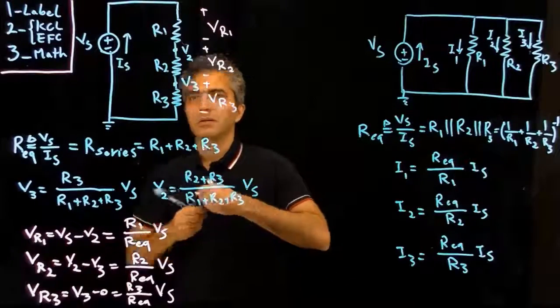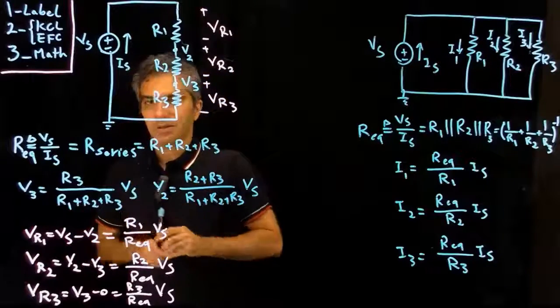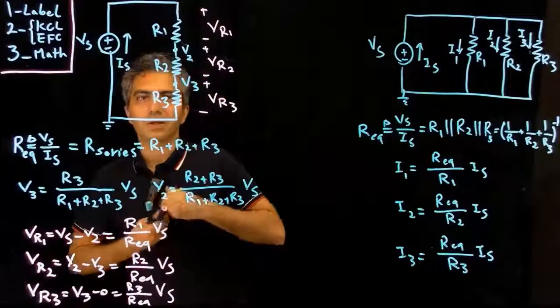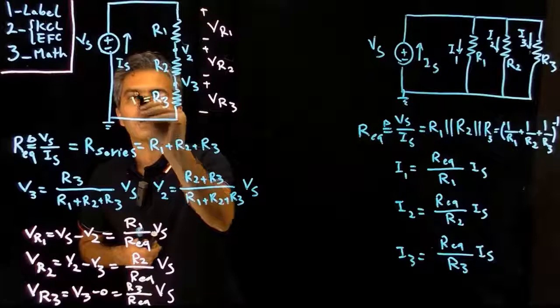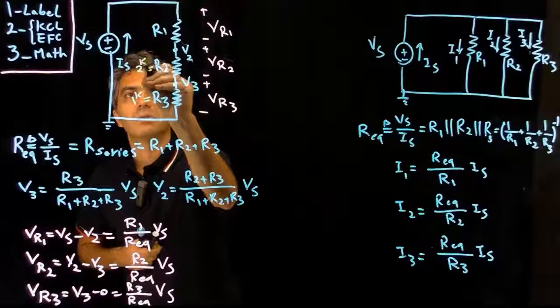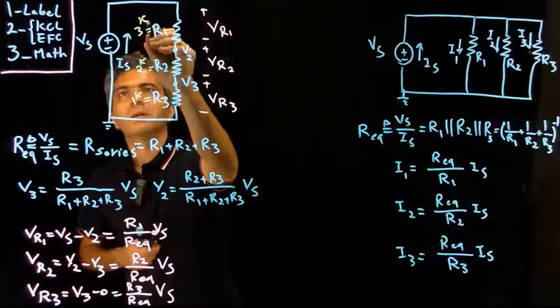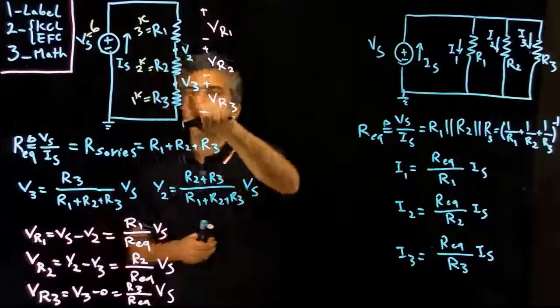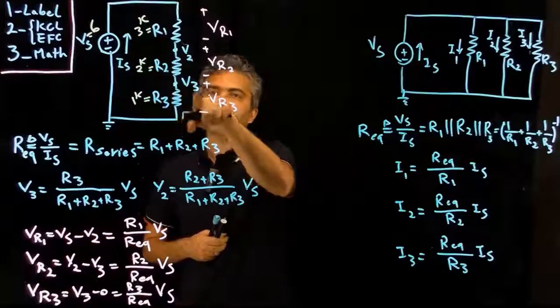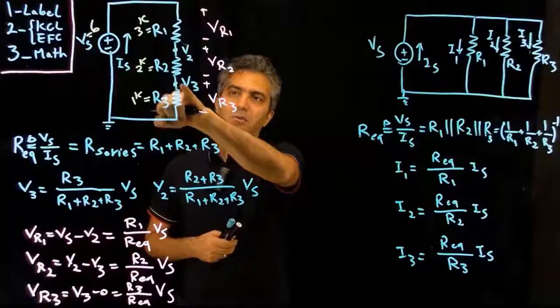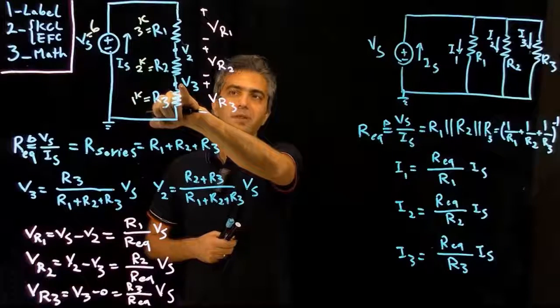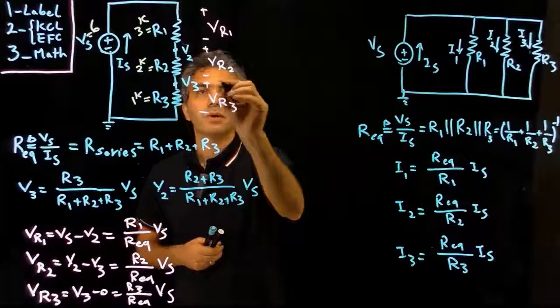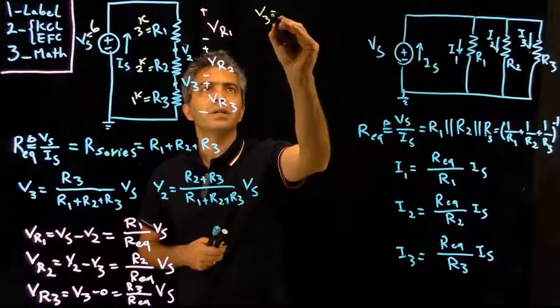So let me just do that so that we get used to using numbers. So if this is 1 kilo ohm, that's 2 kilo ohm, and that's 3 kilo ohm, and this whole thing is 6 volts. So V3 would be 1 over 6 times 6. That would be 1 at V3, right? So at that point, V3 is 1 volt.